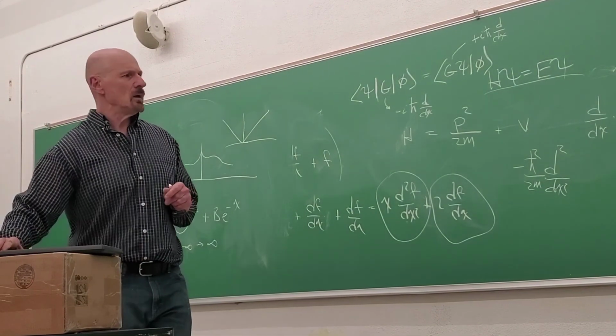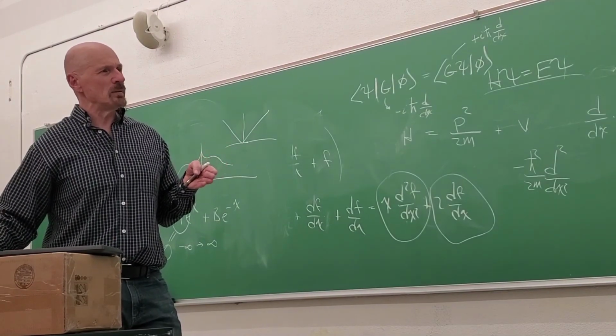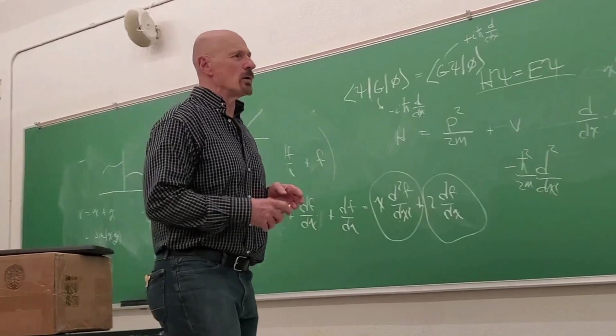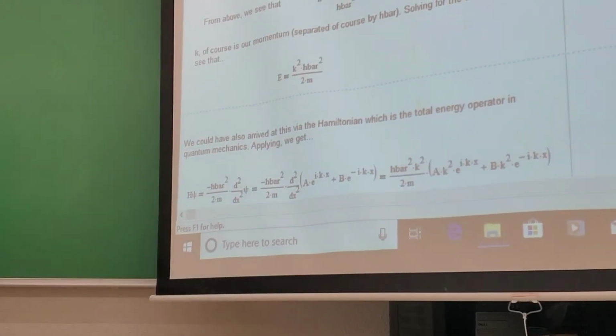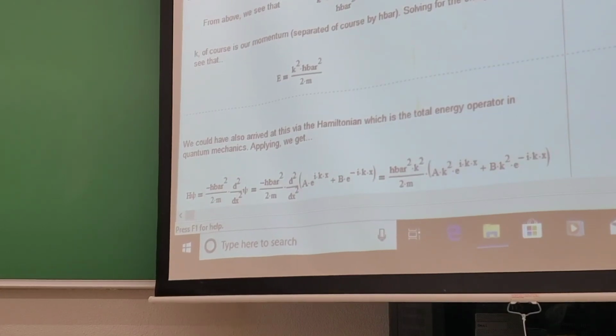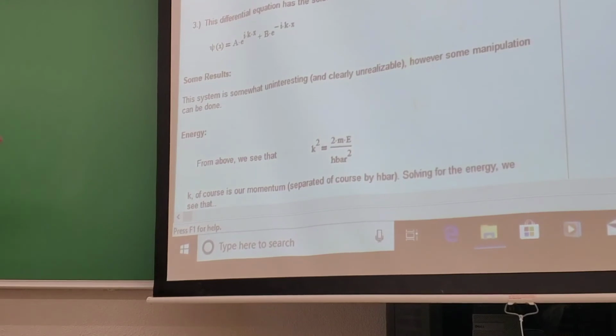So you have a substitution. We have then, for the free particle problem, we determined our k squared from our solution, that A and B, in this particular, it's a unique system because we had no forces on the particle, so I arbitrarily set A and B equal to each other.